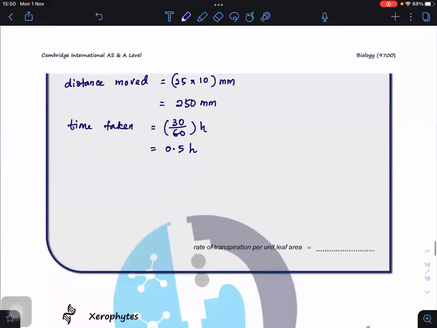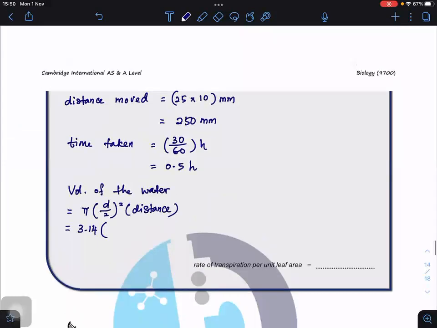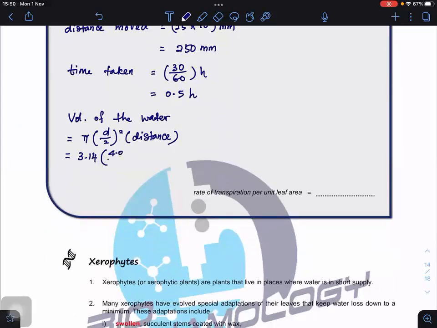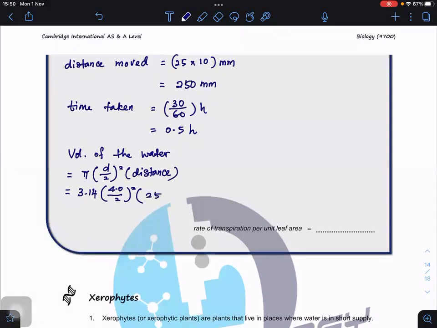So what is the volume of the water? The volume is pi r square multiplied by the distance, where r is the diameter divided by 2. Pi is 3.14, the diameter is 4.0 divided by 2 squared, and the distance moved is 250 mm.